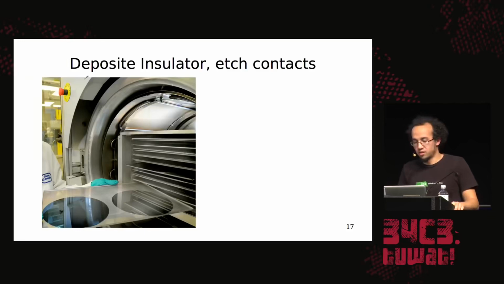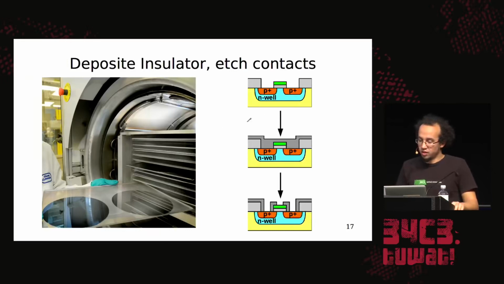That's again done in this chemical vapor deposition chamber, but now not with silicon, but with silicon dioxide forming gas. And you see what happens here. It forms a layer of insulator, and then afterwards you use a step of photolithography to etch holes inside the insulator to actually connect your gate, sources and drains.